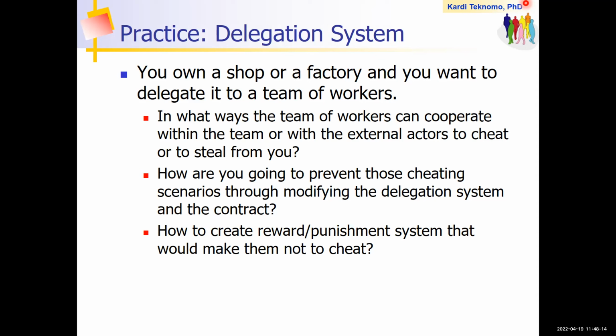By modifying the delegation system and the contract, so that you create a better reward and punishment system that makes a trustable system. Is the assignment clear? Exciting, right? Actually, this is very useful.